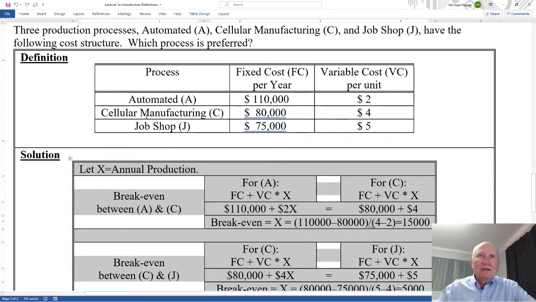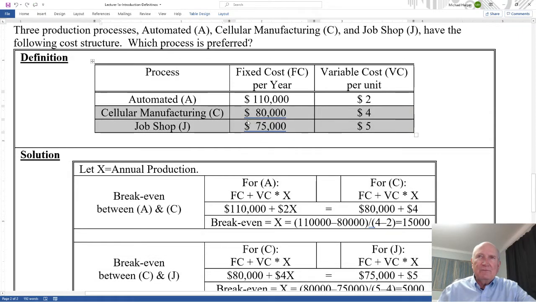For example, let's look at the bottom 2 here. The fixed cost decreases while the variable cost increases, so does the break-even exist? Well, what is the break-even between those two? Let's look at the extreme value again. If I produce nothing over here, the difference is 80 minus 75, which is $5,000.